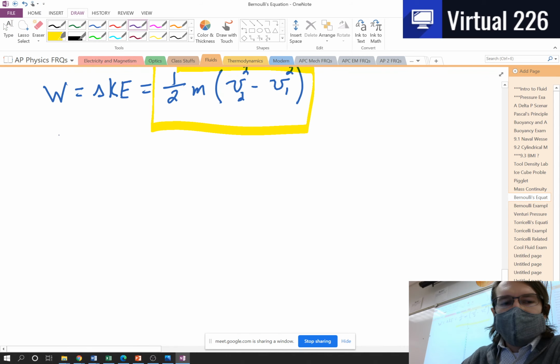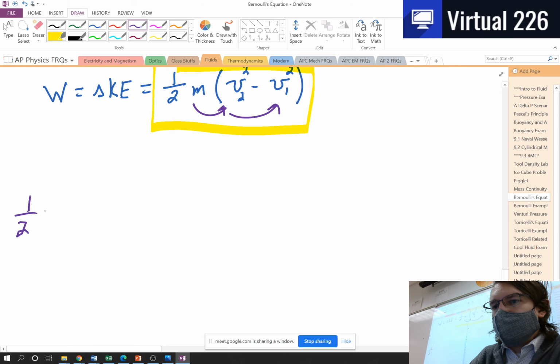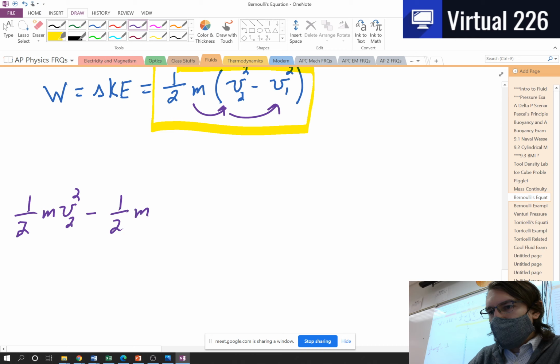Writing out big equations, it's what I do. I'm going to start with energy, and I'm actually going to distribute the 1/2 m to each of these. So 1/2 m V2 squared minus 1/2 m V1 squared.